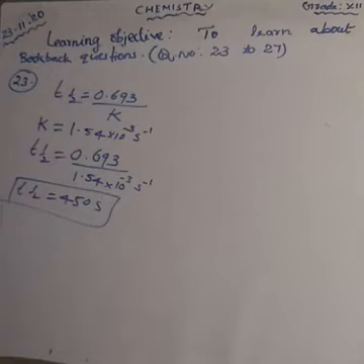For this question, first of all, you should write the formula for the half-life period, half-life time. That is T half is equal to 0.693 divided by K. If you write like that, you can score 1 mark.